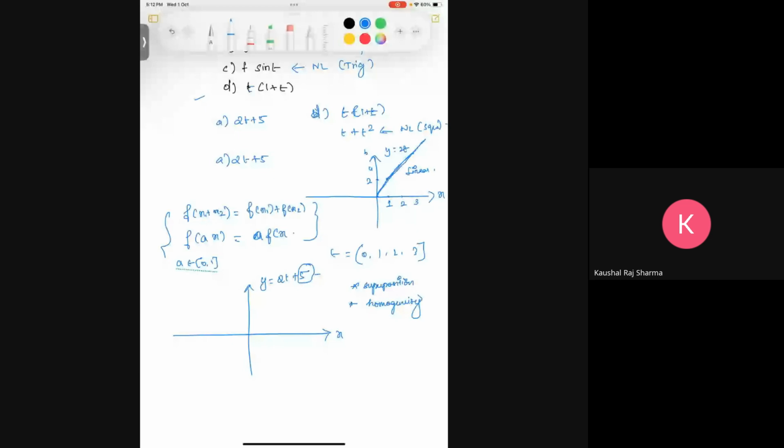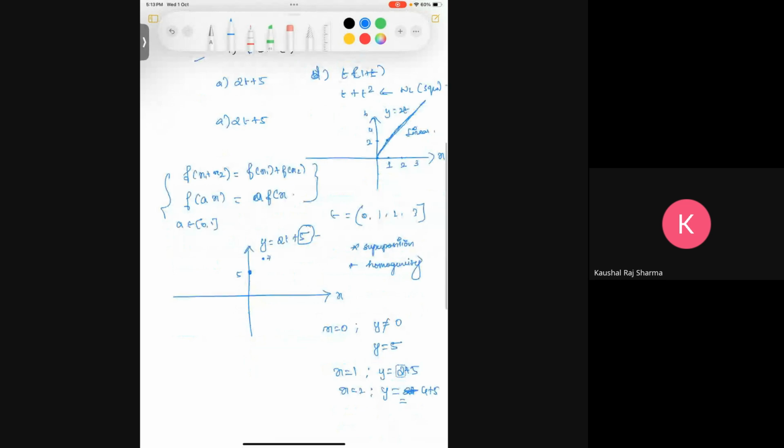So at x equal to 0, y will not be 0, it will be 5. For x equal to 1, y becomes 2 plus 5, that is 7. When x is equal to 2, y is equal to 4 plus 5, that is 9.